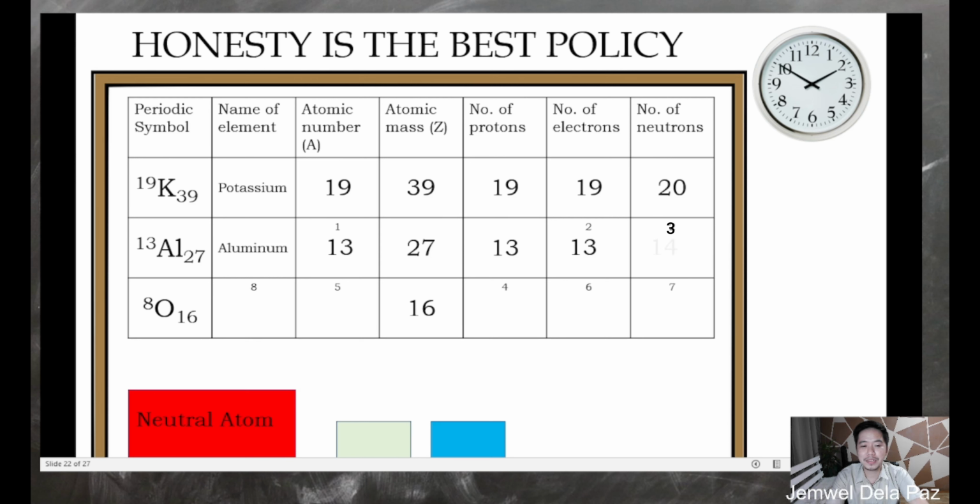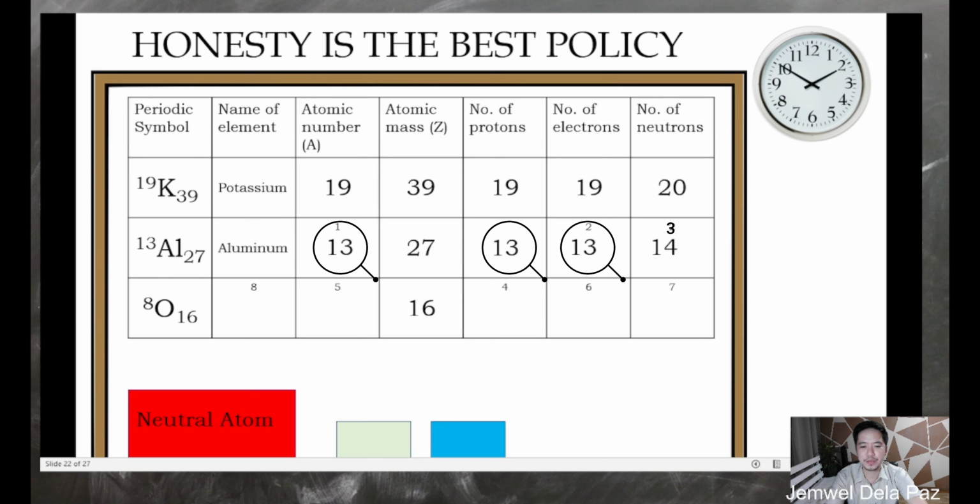The number of neutrons is 14. Let us check. Atomic number is equal to the number of protons and number of electrons. Atomic number 13.